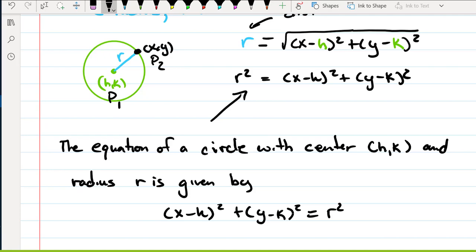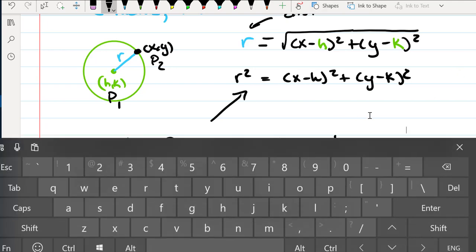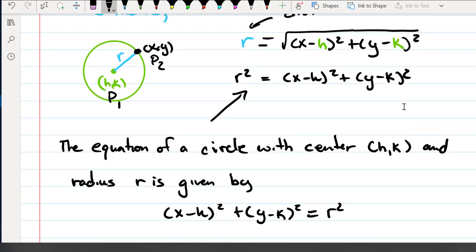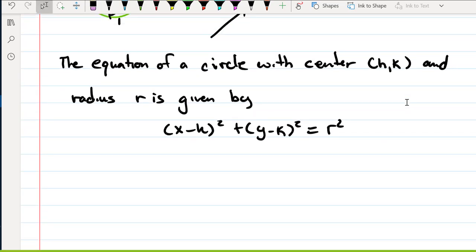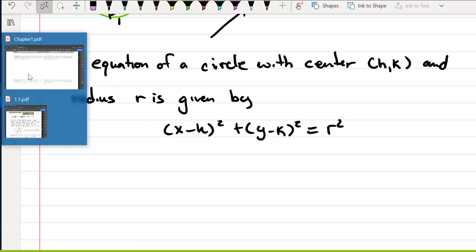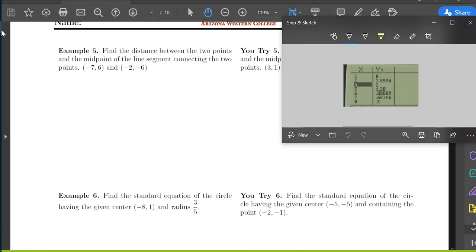And so we just moved the stuff around in the distance formula a little bit to get our radius and our formula for the equation of a circle. Okay, let's go ahead and use this to do our next example.